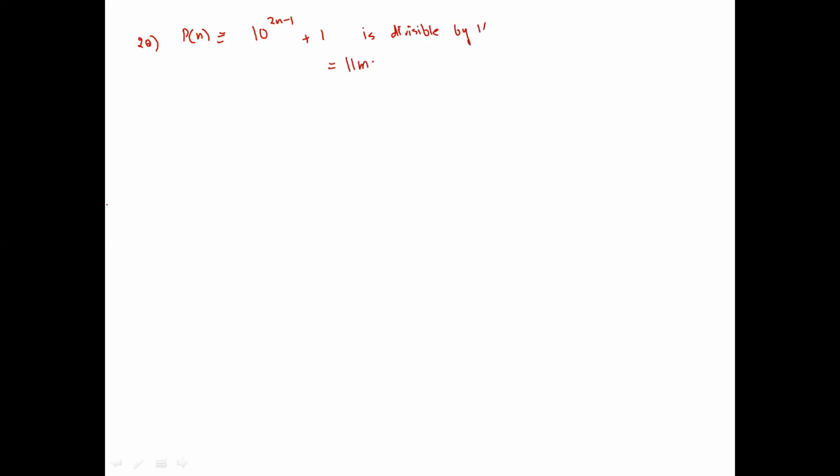That is what we are saying. For n equal to 1, we will consider P of 1, but first the left hand side. That is 10 power 2 into 1 minus 1, plus 1. So 10 power 1 plus 1, that is 11. It is a multiple of 11. That means P of 1 is true.